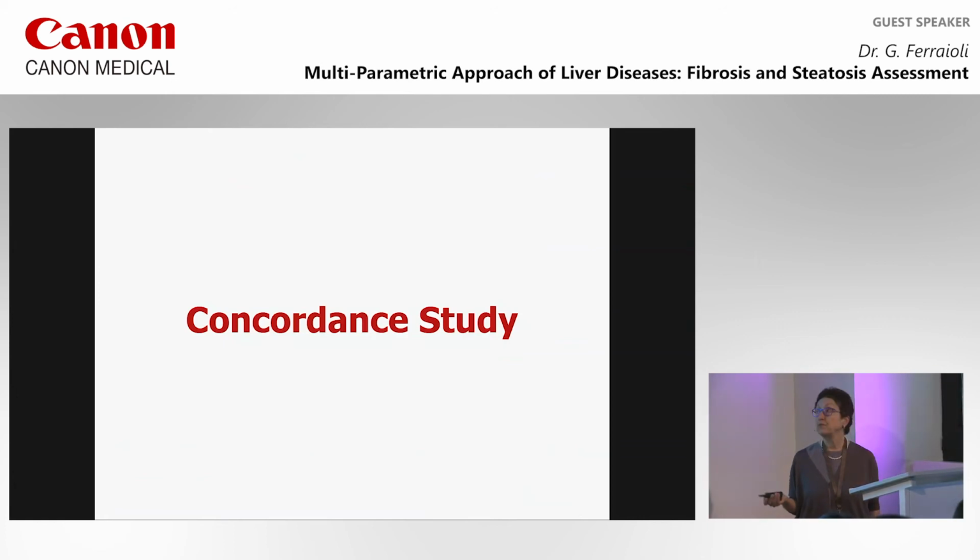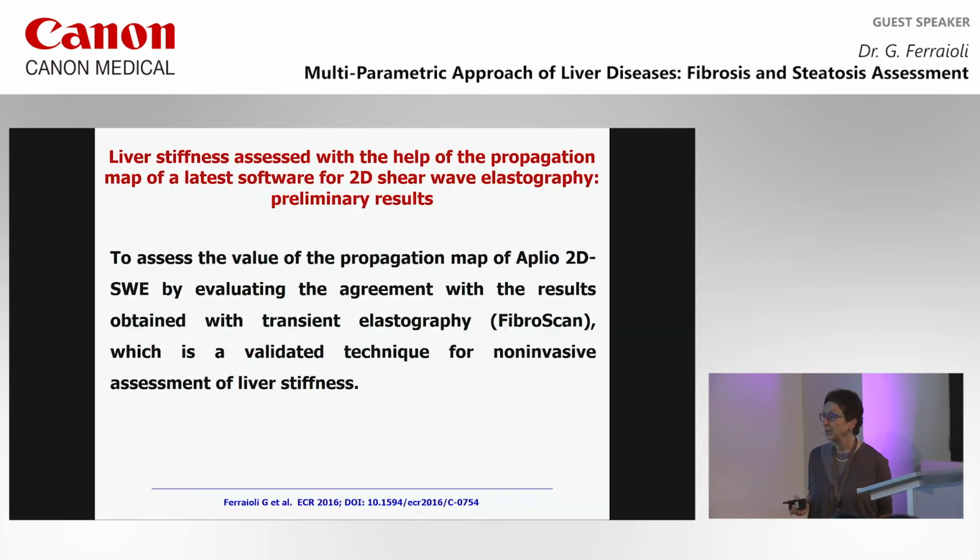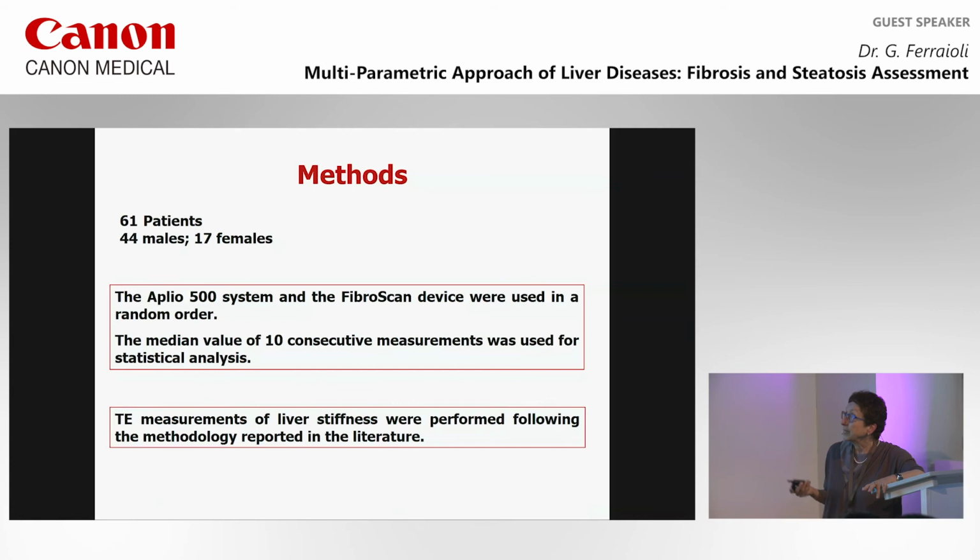We have performed in the past a concordance study using the propagation map as a guide in a small series of patients. The FibroScan was used as the reference standard, because it's a validated technique.